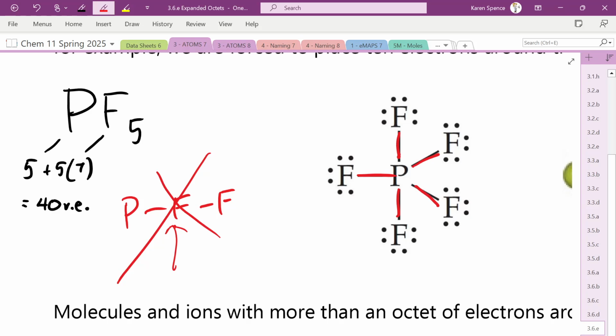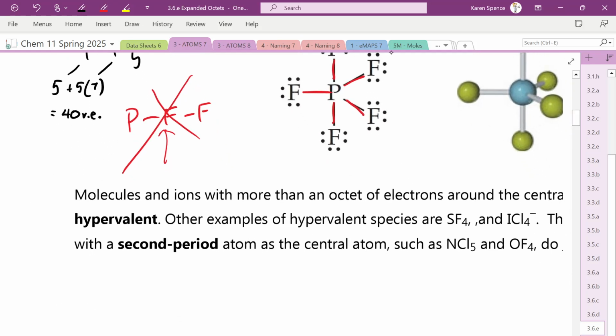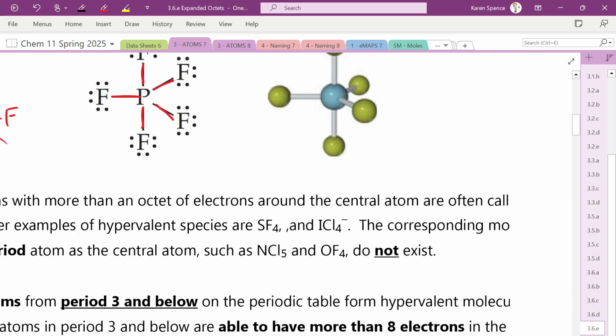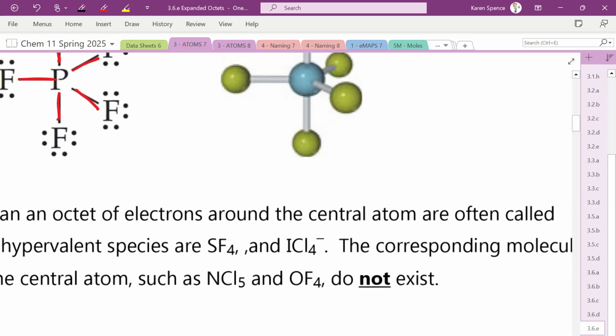But it's unusual, and don't be trying to have 10 electrons around things on a regular basis. Again, this is going to be maybe 1 or 2 questions on your test. All right. And what you'll see is things like SF4. You'll see sulfur, that's in row 3. You'll see I, which is in row 5. Okay?